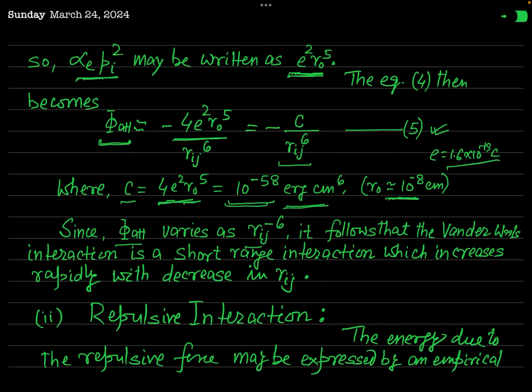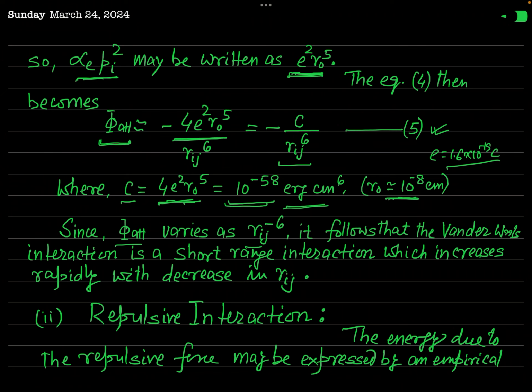So when rij is slightly changed, there will be a large change in phi. If rij is slightly increased, there will be a large fall in phi. And if rij is slightly decreased, there will be a large increment in the value of phi attraction.